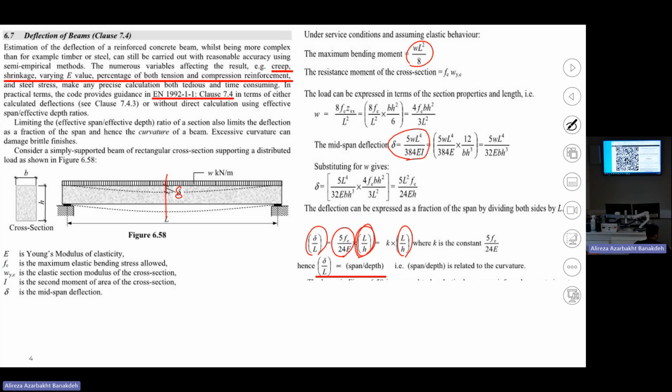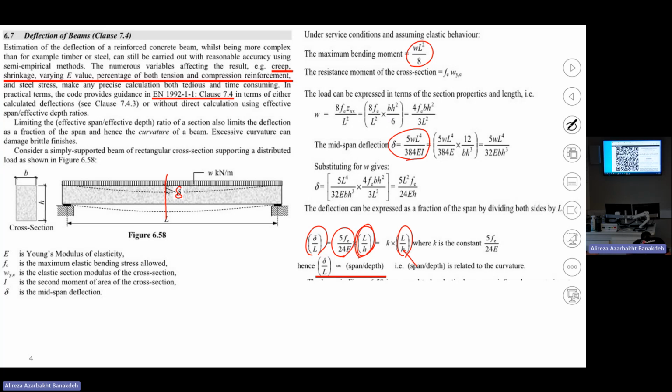L over H. L is the length of the beam, right? The longer beam you have, the more deflection you will have, right? If H increases, what happens? The more H you have, the less delta you will have, right?